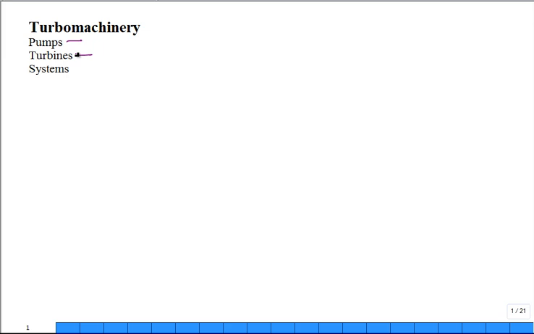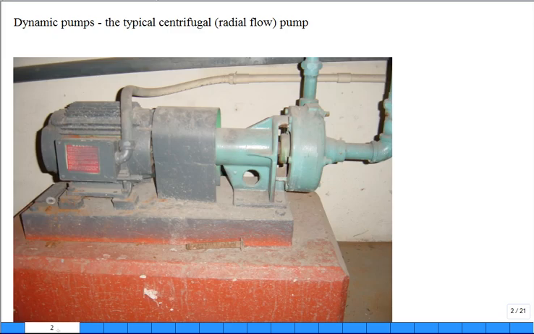But let's just start simply by thinking of water pumps. And then we'll connect the water pump to a piping system, and then see how they operate together, the pump in that system. Here's a pump. It's a dynamic pump, meaning that you bring fluid in through this pipe into the middle of this pump section.